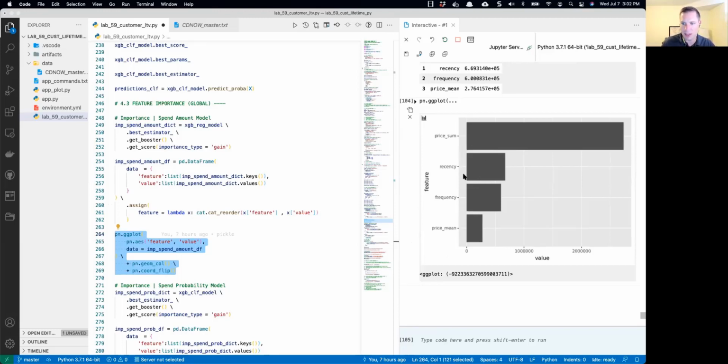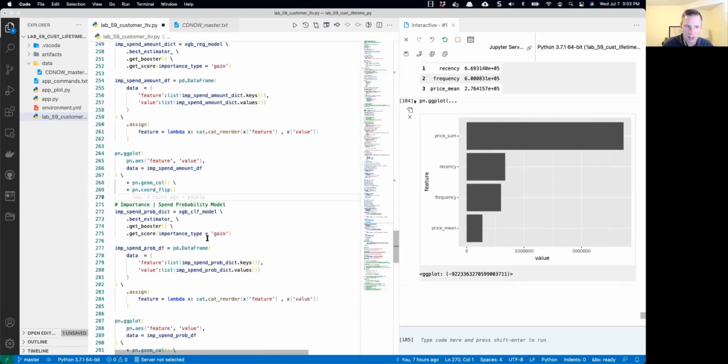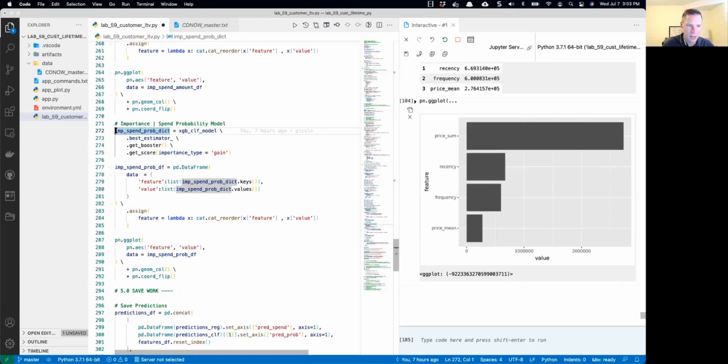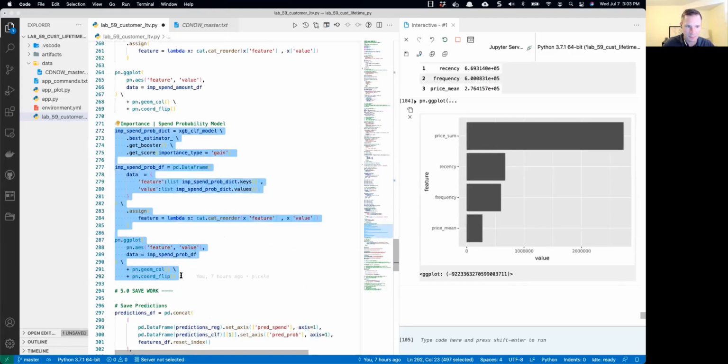Recency is the next most important. So if they've recently purchased, they're more likely to purchase in the next. But frequency really doesn't matter that much, and their average purchase price really doesn't matter that much. They're really all based off of their price sum, their total purchases previously, and how recently they purchased. Okay, so that's interesting. And then if we take a look at their probability, let's see what's most important. So we do the same type of process here.